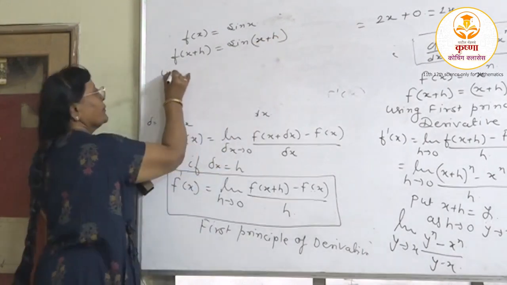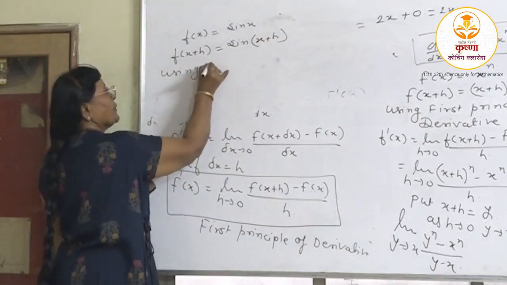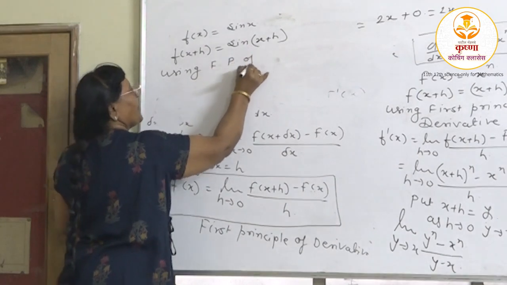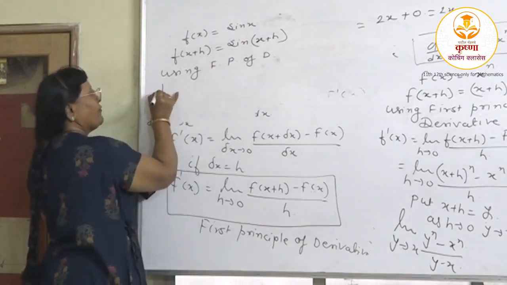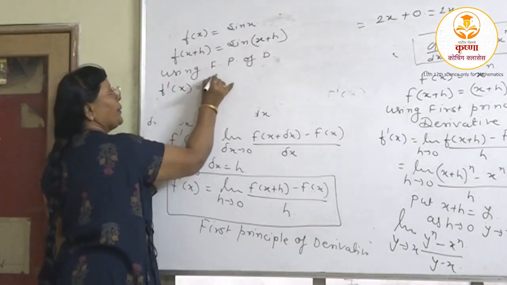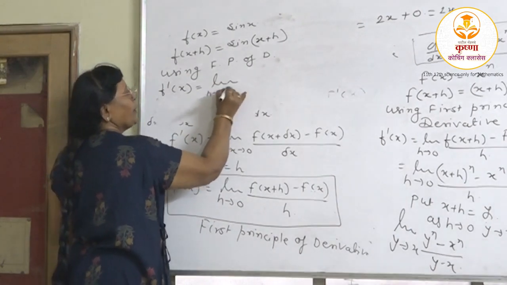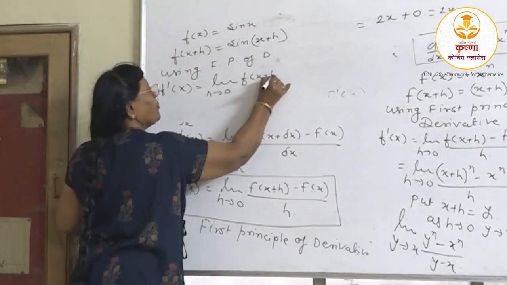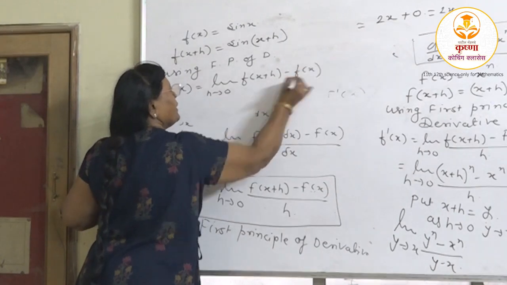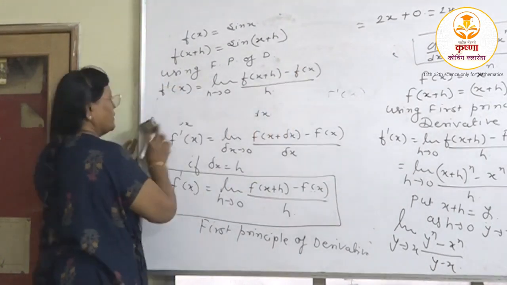Again using the first principle of derivative, f'(x) is equal to limit h tends to 0, f(x+h) minus f(x) divided by h, right?